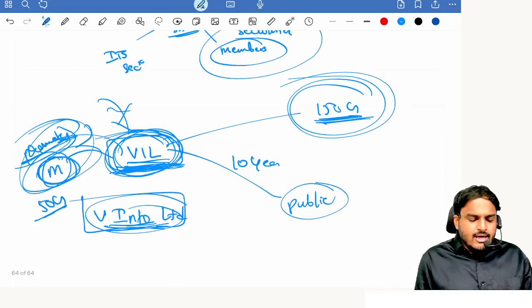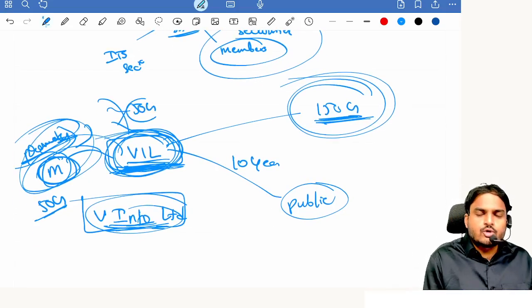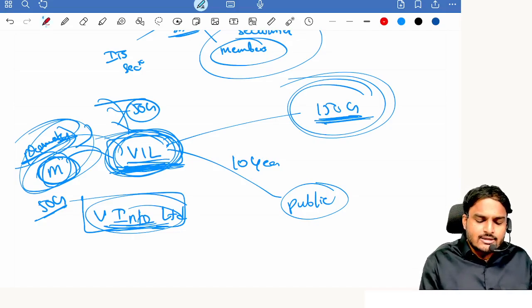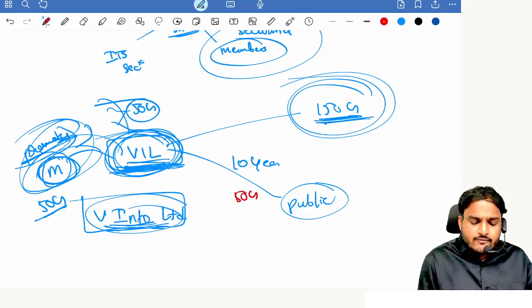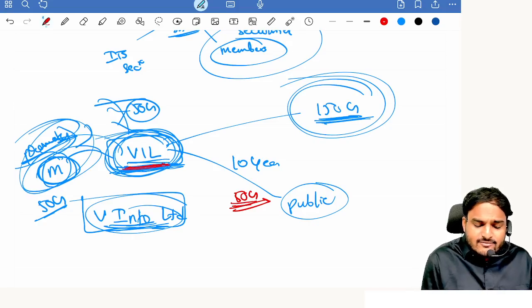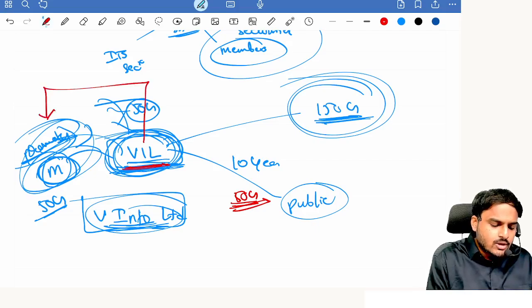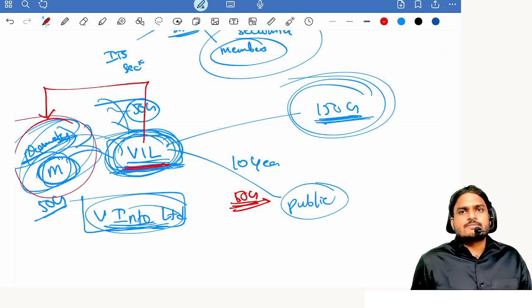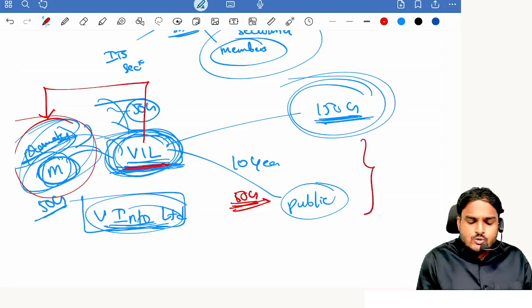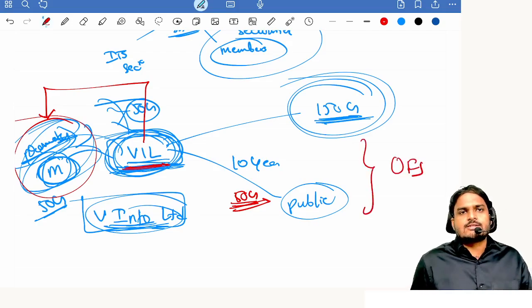Now, imagine I'm selling 50 crores worth of securities. The company is going to collect 50 crores from the public. Will the company invest this money in its business? No. The company will return that money to the selling shareholders. This is known as offer for sale of securities.